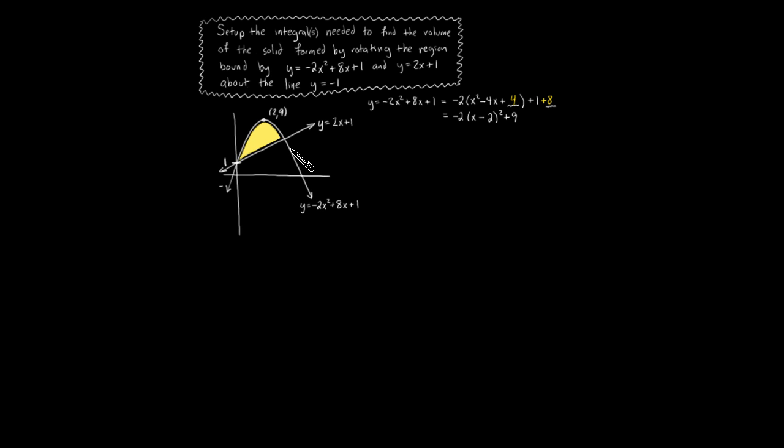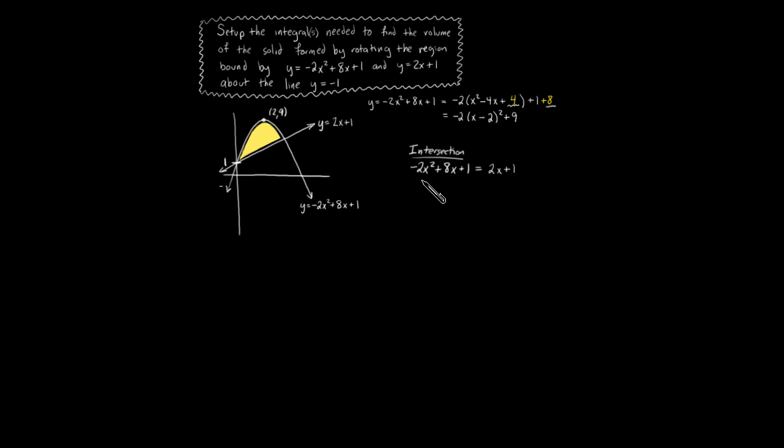Now I do want to completely describe this region. I want to find all of the interesting points, especially points where x's and y's obtain the maximum or minimum values they might have for this region. So I do want to actually get my hands on this point of intersection.